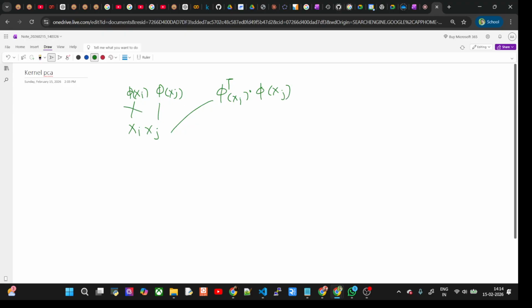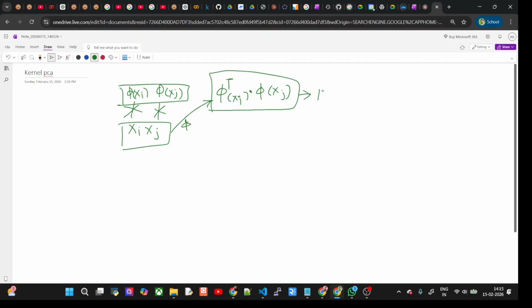So you don't want to do that operation. For this you need some kind of a map function which can map your two-dimensional or lower dimension data to higher dimension. In this example we took two dimensions, f1 and f2, but there may be more than two dimensions in the lower dimension also. You are mapping to higher dimension data, and in higher dimension you want to calculate phi of xi transpose into phi of xj.